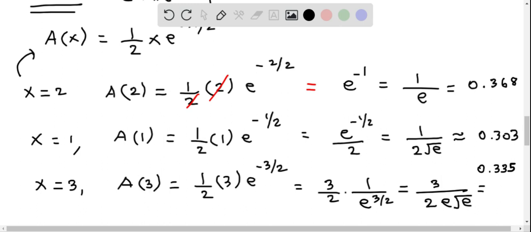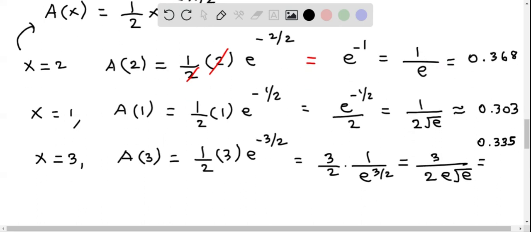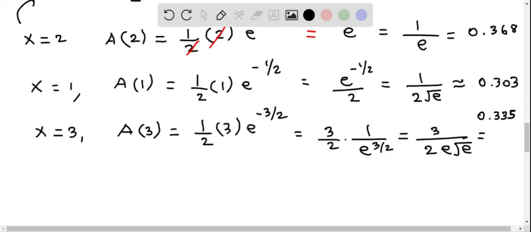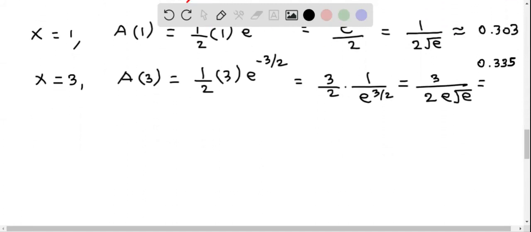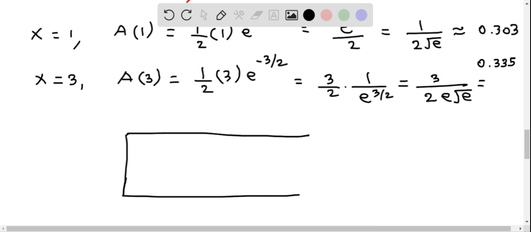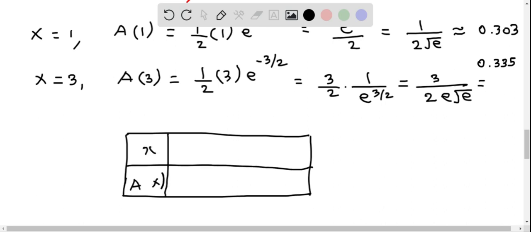So now let's compare all these areas, and we have to determine the maximum and minimum area of this function. So I'm going to tabulate this. This is for x, and this is for A of x. So when x equals, let's put the endpoints, that is 1, and 2 is a critical point, and 3 is another endpoint.